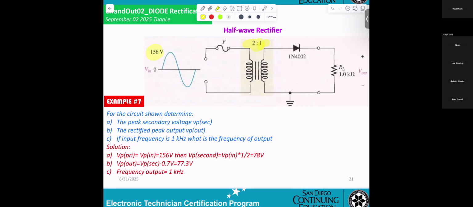V primary equals V peak in, equal to 15.6 here. Then the VP secondary equals V peak in times 1 divided by 2. You get 7.8. That means right here 7.8.